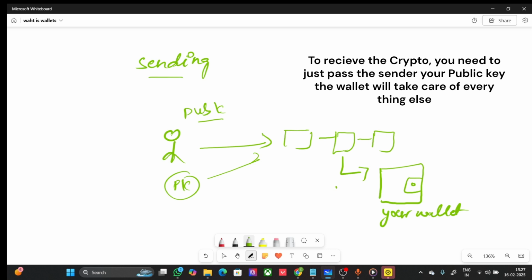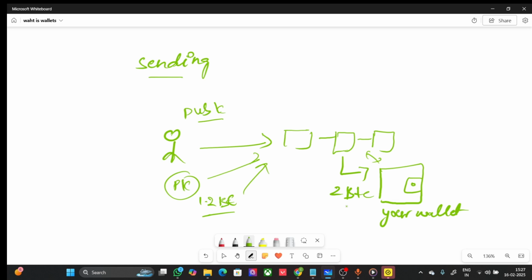Say before our balance was 2 BTCs, and our friend has sent us 1.2 BTCs, and he has signed with his private key and published to the blockchain. Then our wallet will interact with the blockchain and update this 2 BTCs to 3.2 BTCs. There is nothing much we need to do while receiving. But remember, never ever share your private key.